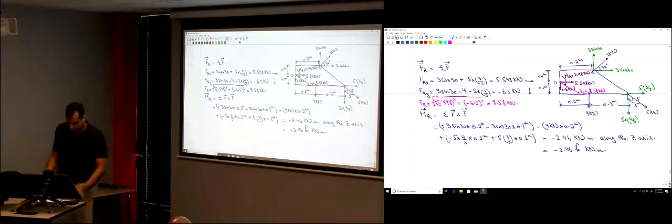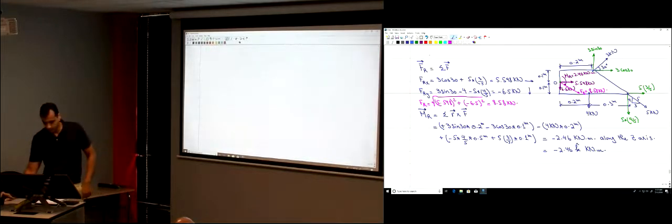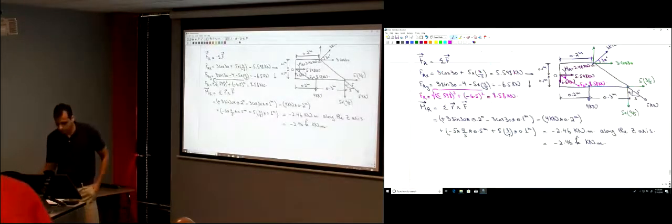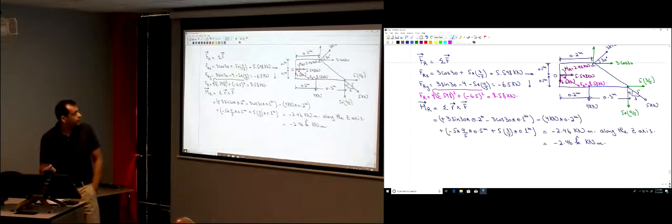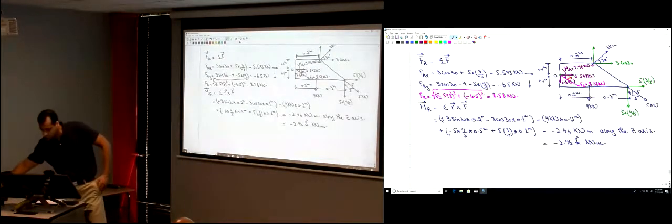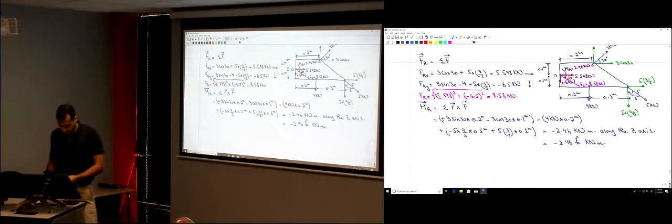So now let's see another problem. Also in this problem, to find the resultant, if you would like to find this angle theta, can you find how much theta is?